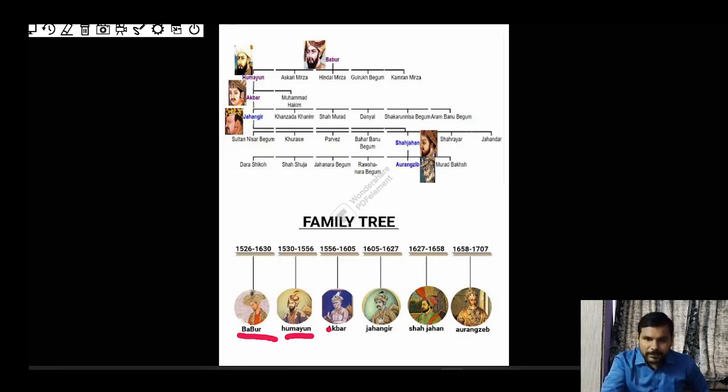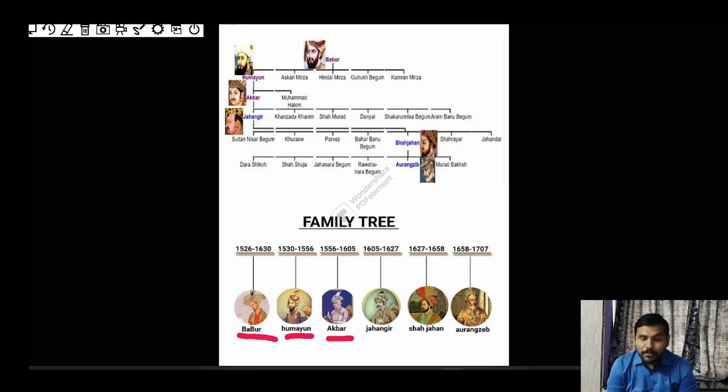He is followed by Akbar. Everybody knows Akbar, well known for his religious policy and his strong military achievements. Akbar also married many Rajput princesses, so he was very good at fostering alliances between the Hindu and the Muslim communities at that time.